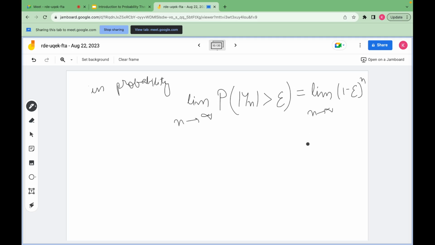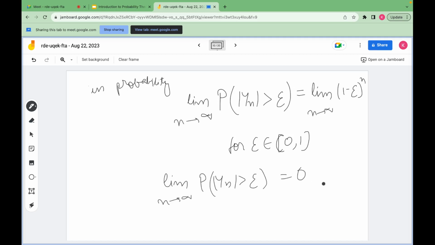And as epsilon was between 0 and 1, we concluded that the limit as n tends to infinity of the probability that Yn is greater than epsilon is equal to 0.